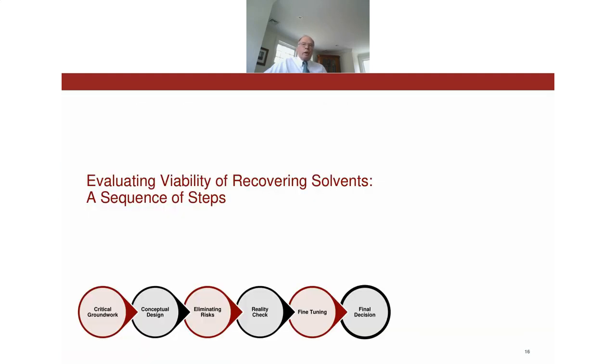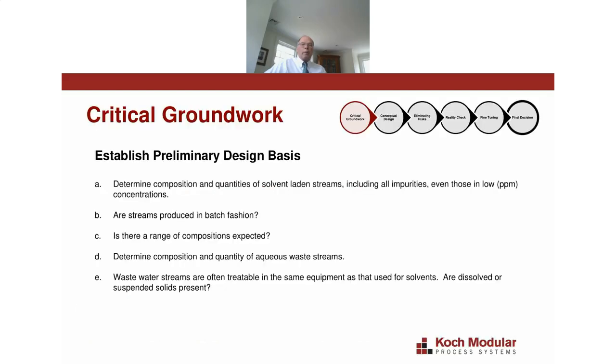So now I'm going to go through the steps, a sequence of steps that engineers consider when they want to design a solvent recovery system. So the first step is critical, and it needs to be done in order to establish a design basis. Basically, it's the material balance that you're looking to achieve around the solvent recovery system.